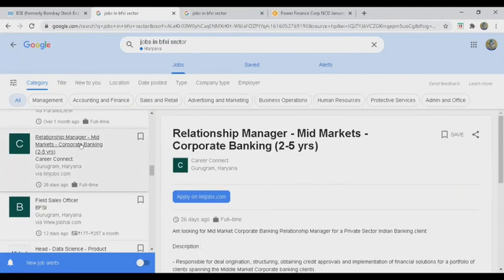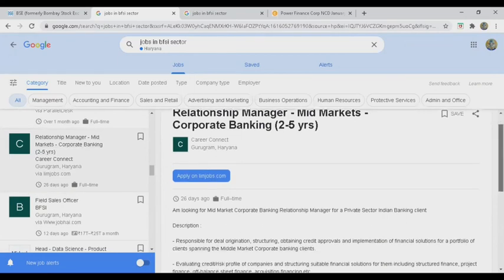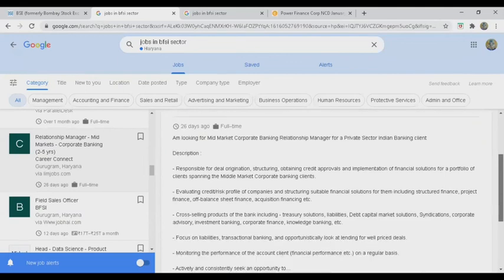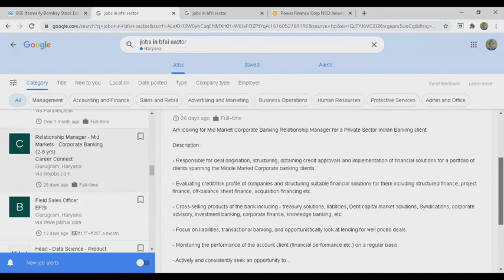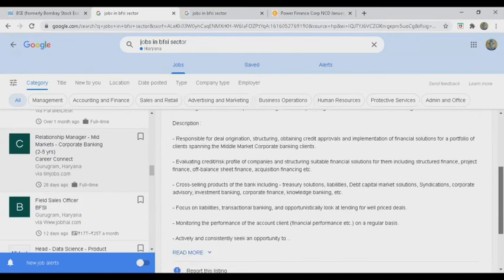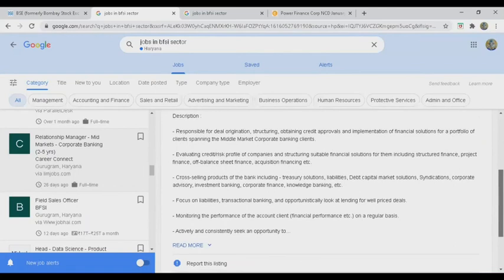What are they offering with 2 to 5 years of experience over here? They're looking for a mid market corporate banking relationship manager. So you would be required to manage relationships with the clients for a private sector Indian banking client. Structuring, obtaining credit approvals and implementation. So you are going to obtain the approvals for their lending and actually implement as well.